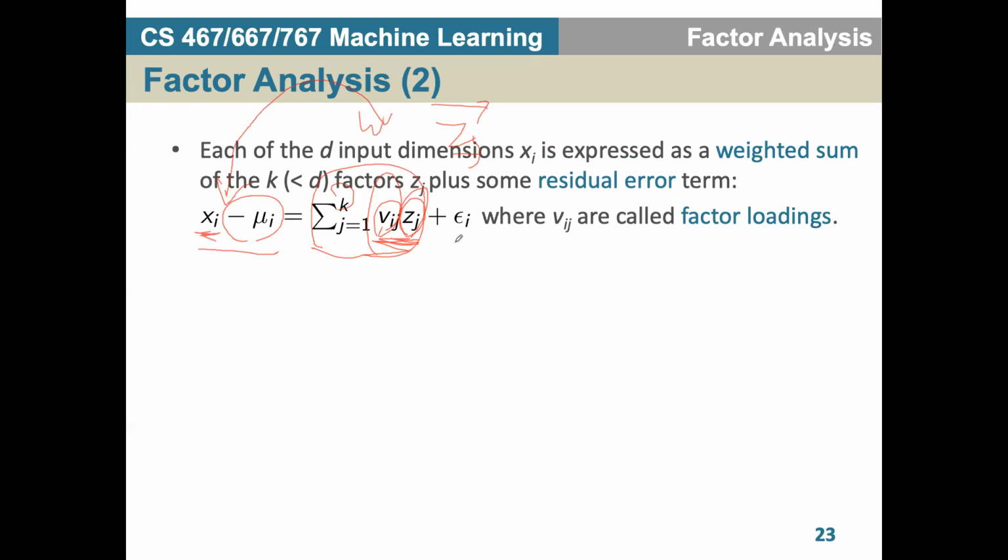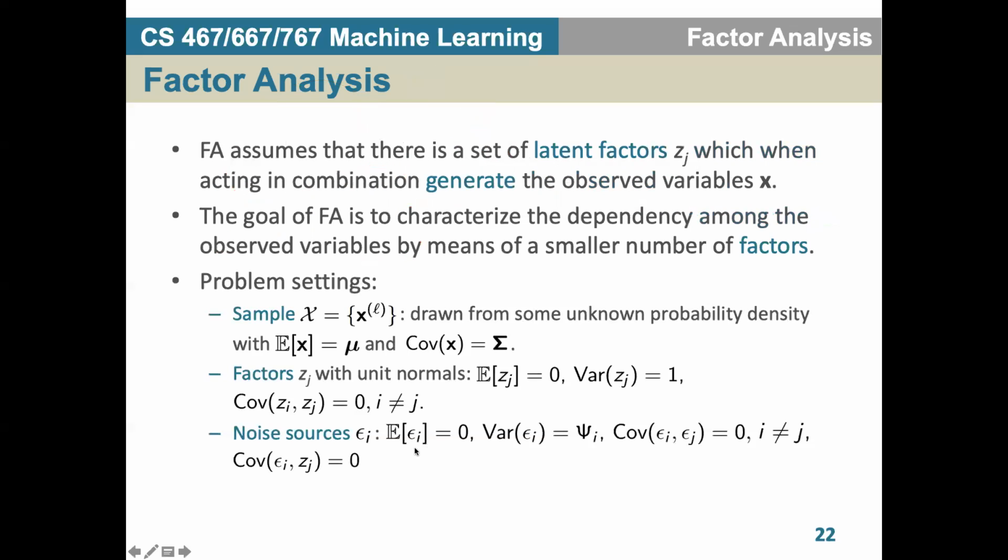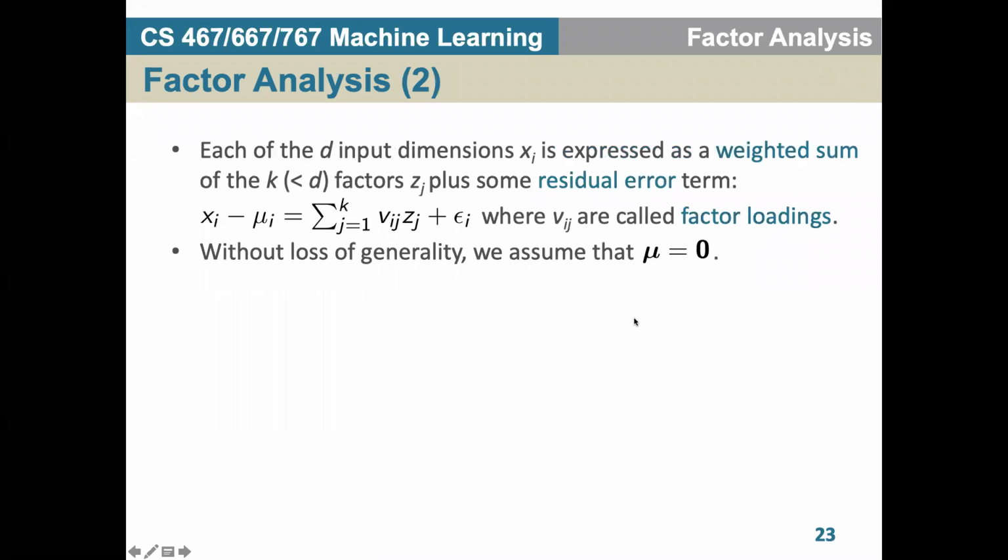But there's some noise along this ith dimension. Actually, the sigma is associated with the data dimension, so my description was wrong. The noise is along your data dimension. This makes sense because when you have the table, each dimension introduces noise. It's not with the hidden factors; hidden factors have no noise, they are clean. Without loss of generality, we assume the data is centered, so we can get rid of minus mu i.